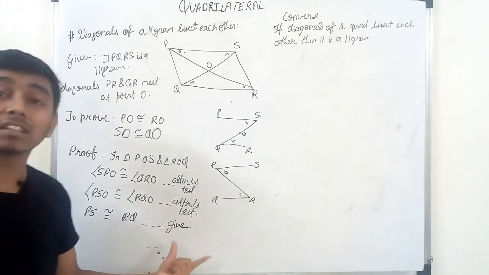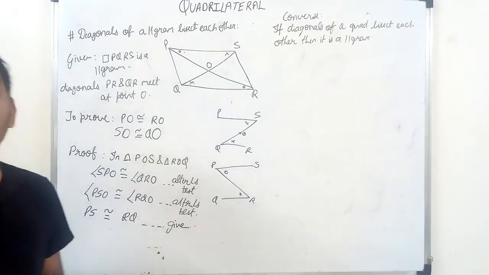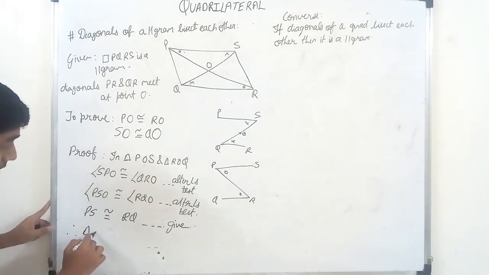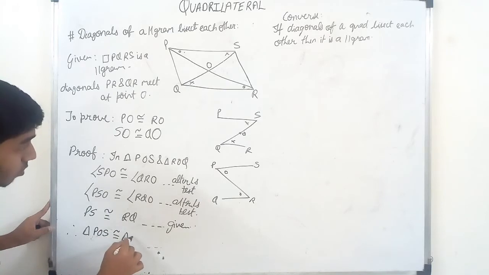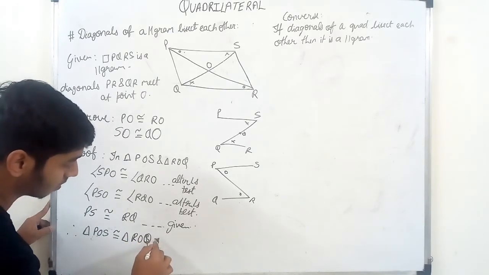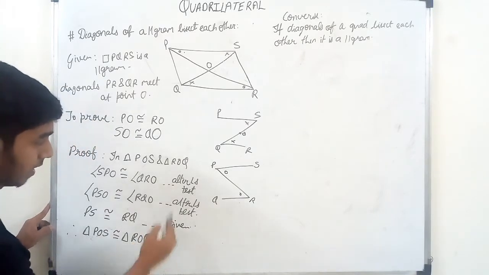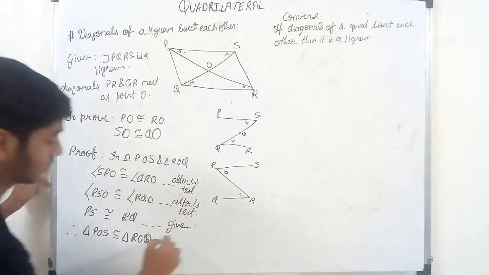Or you can specify the theorem itself, which says that opposite sides of a parallelogram are congruent. So this is what we get. Therefore we can say triangle POS is congruent to triangle ROQ by ASA test.